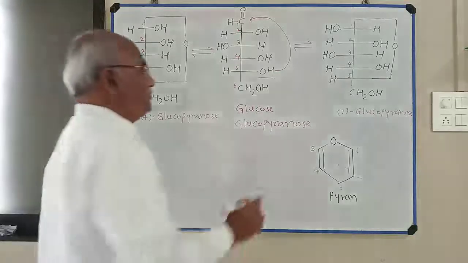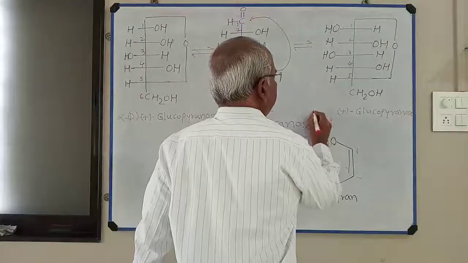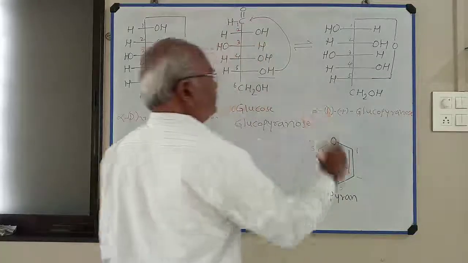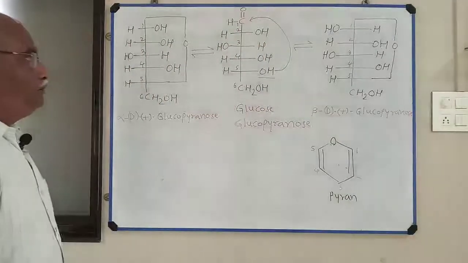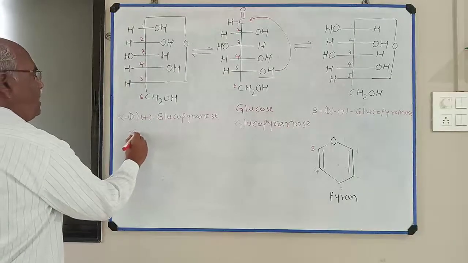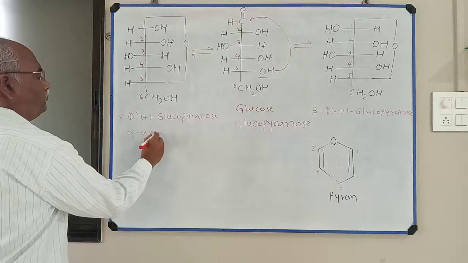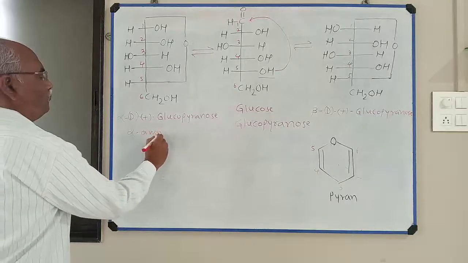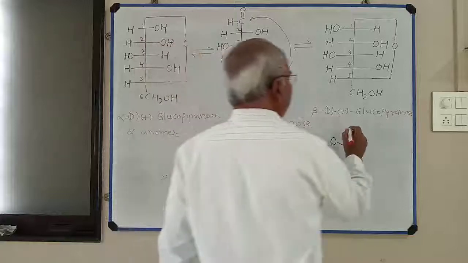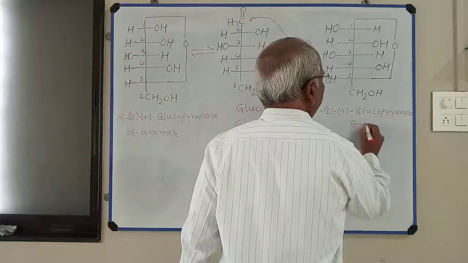And this is beta D plus glucopyranose. This is called alpha anomer. And this is called beta anomer.